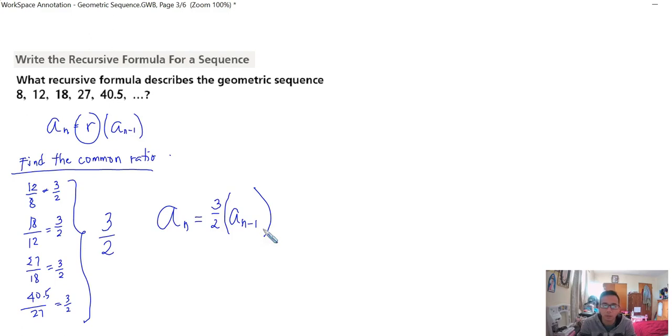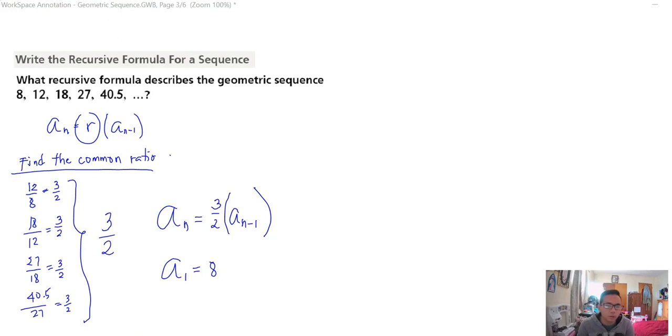All right, that's how we do it. So the recursive formula is a sub n is equal to 3 over 2 times the previous term, with the initial condition that the first term is 8.